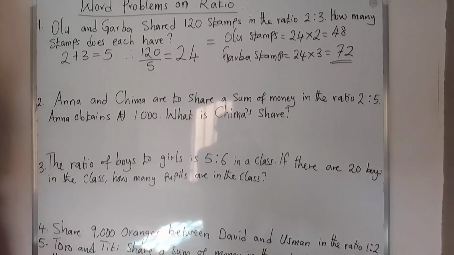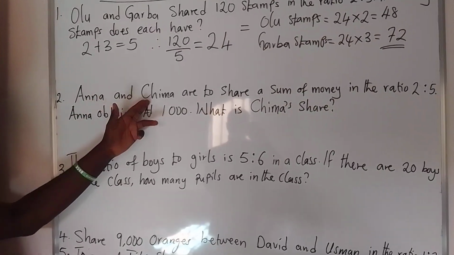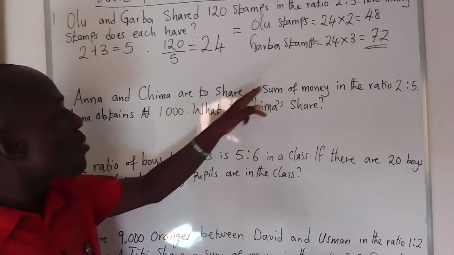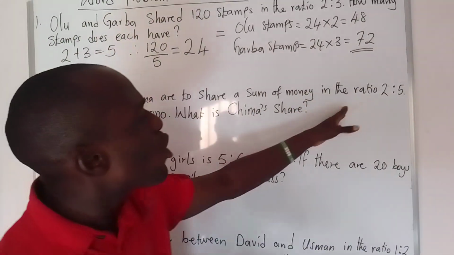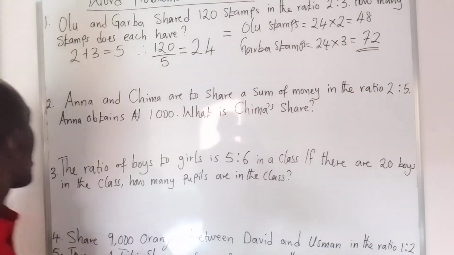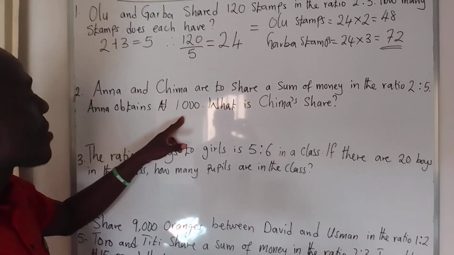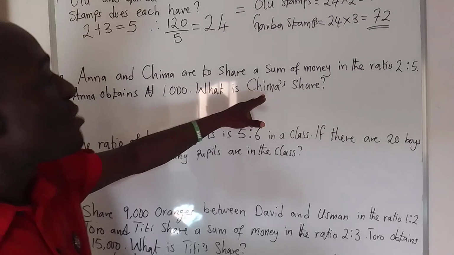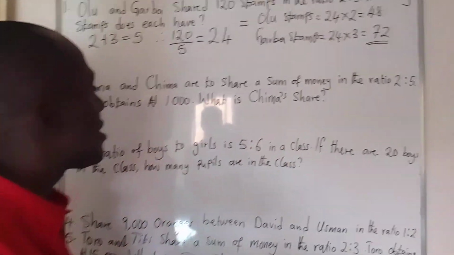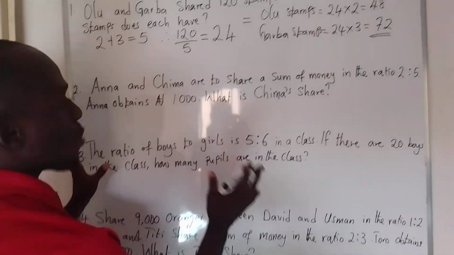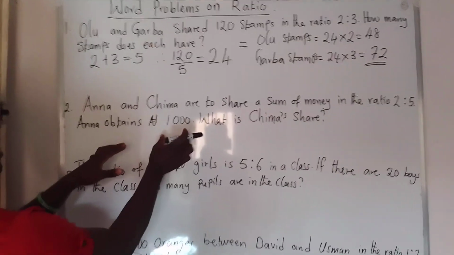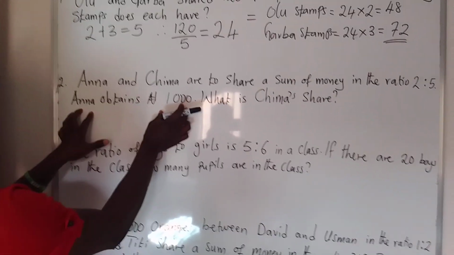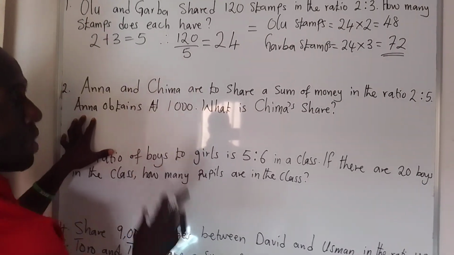Now, let's look at number 2. Anna and Chima are to share a sum of money in the ratio of 2:5. Anna obtains 1,000 naira. What is Chima's share? The same thing, but this one is quite different because we are given Anna's share. So we have to find Chima's share of the money.